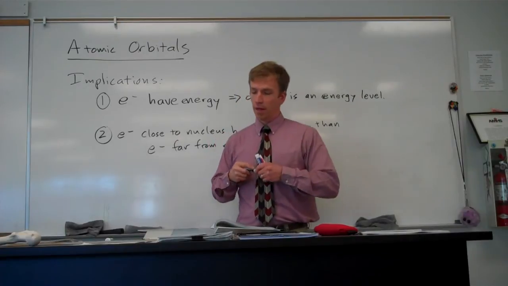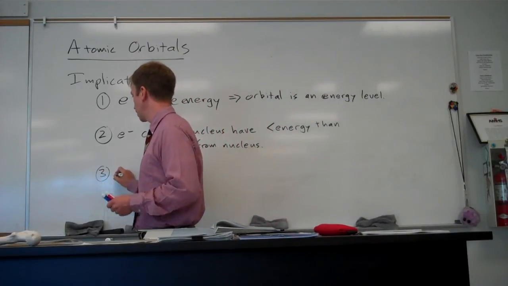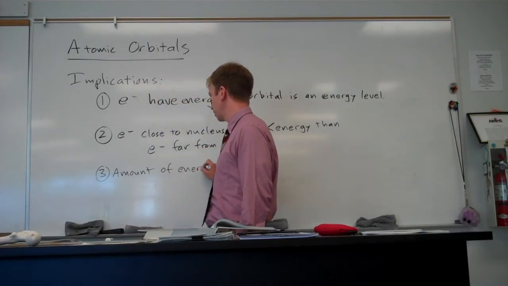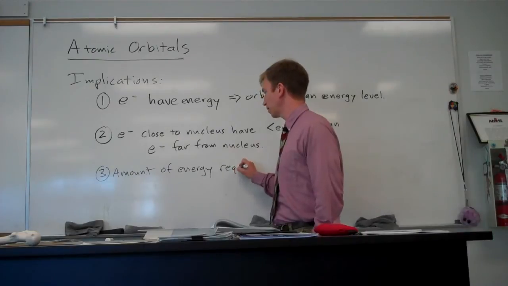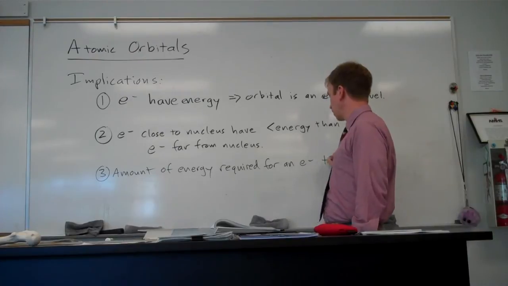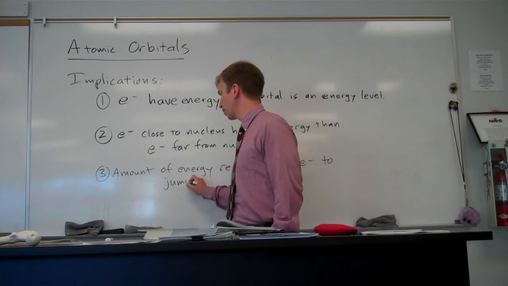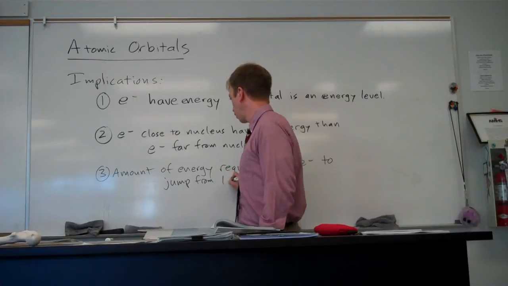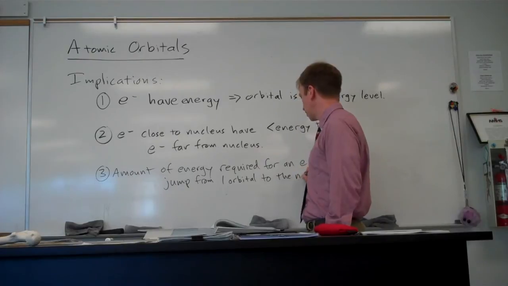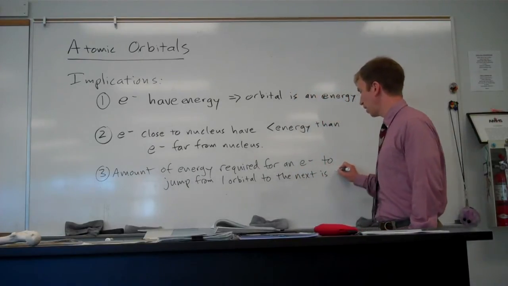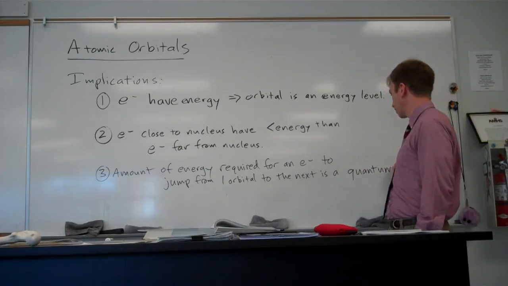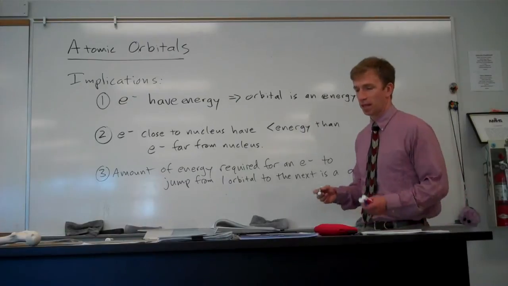The third implication is that the amount of energy required for an electron to jump from one orbital to the next is called a quantum. And this is actually where we get the name for quantum mechanics.